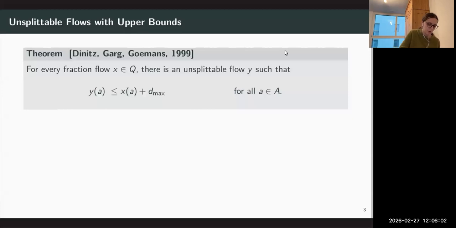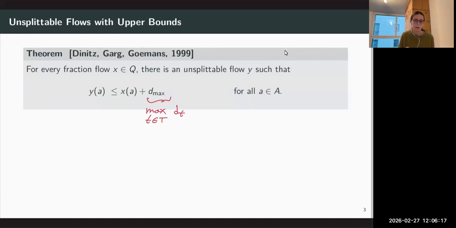Namely, it will not send more than what the fractional flow was sending, plus d_max. And d_max is just the maximum over all t of d_t, that's the maximum demand.